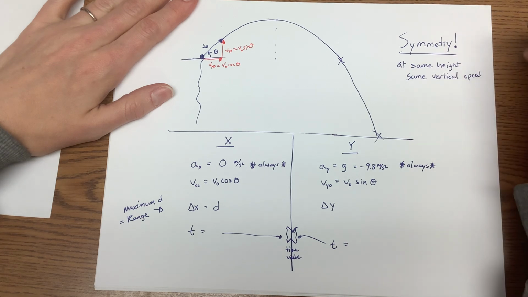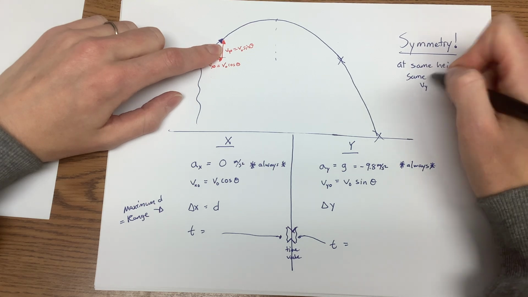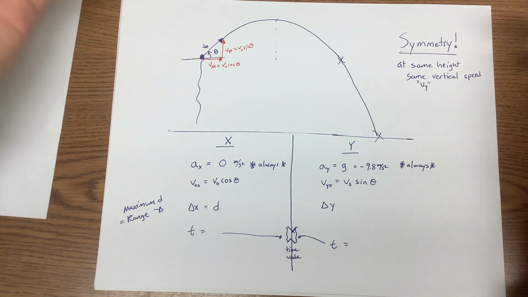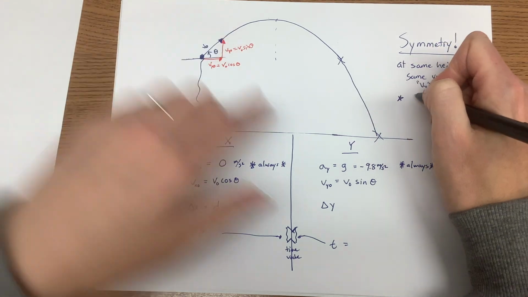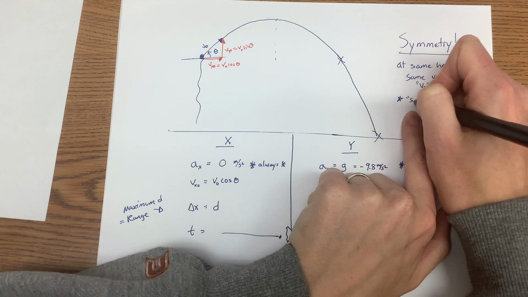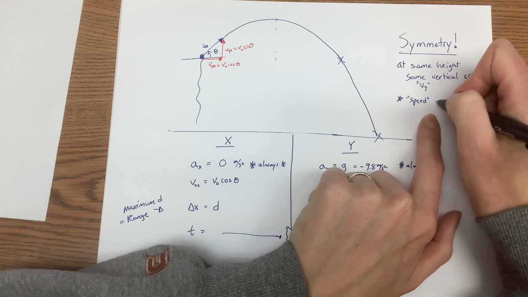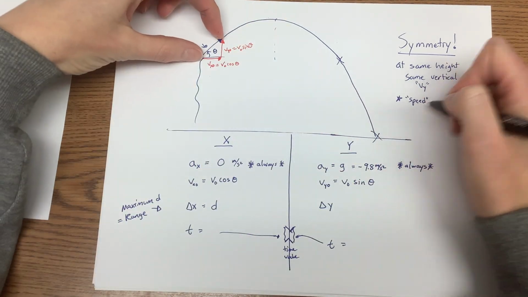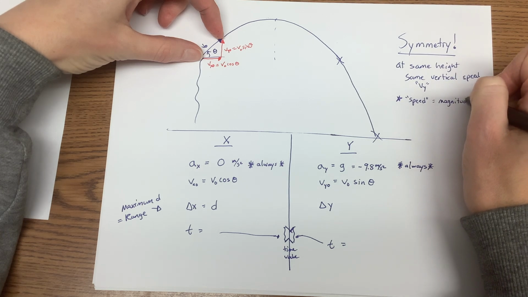So the vertical component, the vy, is going to be the same at the same height. It's just going to be in the opposite direction. But also, if you run across any questions that are asking you about the speed of the projectile and it doesn't say vertical or horizontal, it wants you to find v. So it's going to be asking you about the magnitude of the velocity vector.